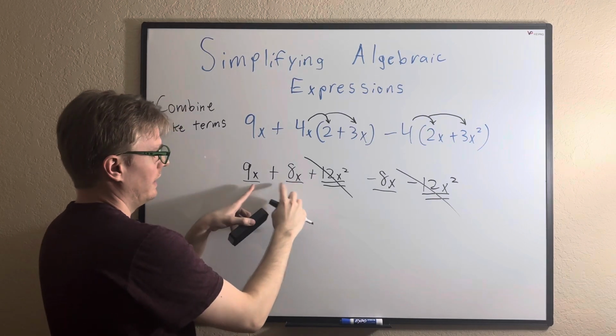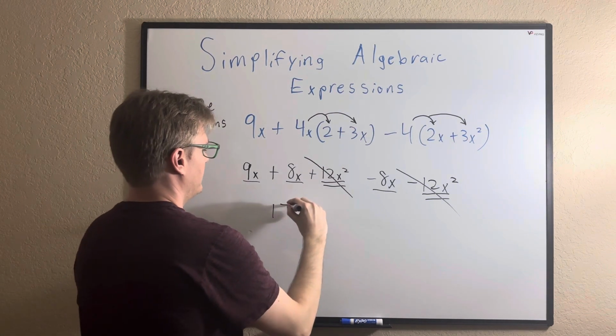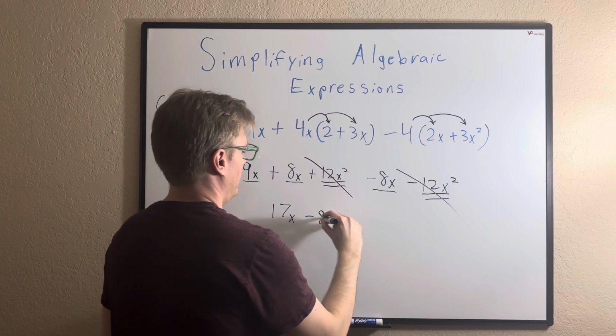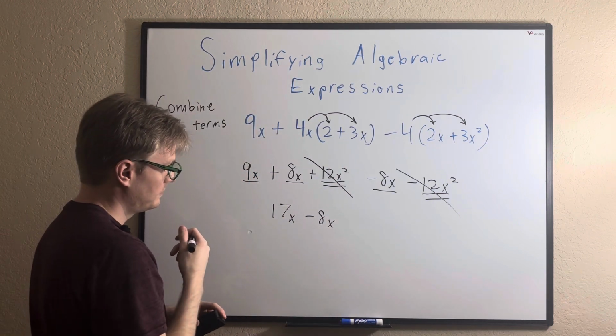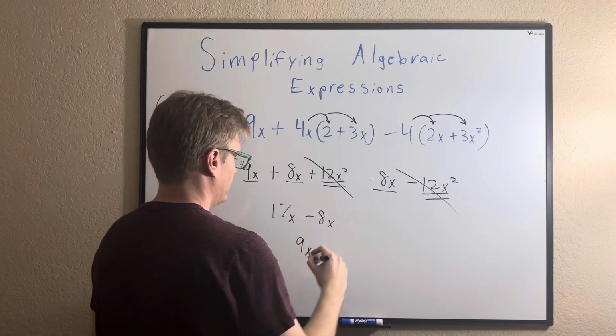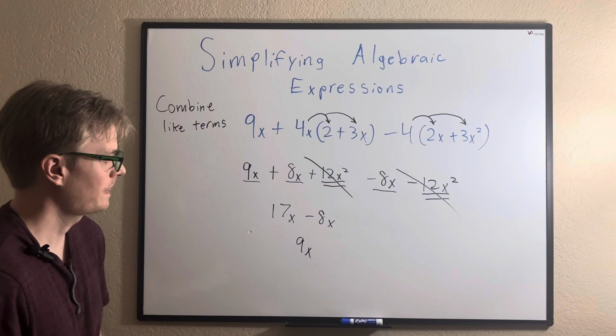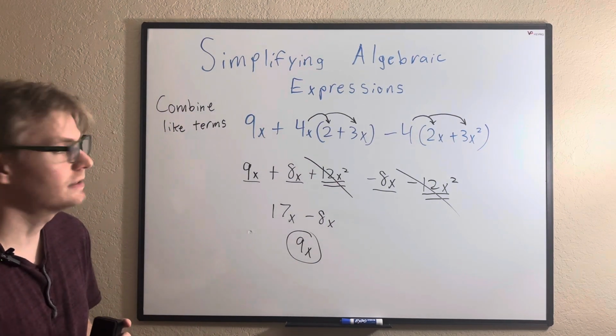We could add 9 plus 8x first and get 17x minus 8x. 17 minus 8, 9x. And there's your answer. That's the expression simplified.